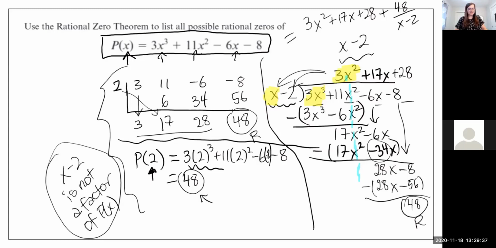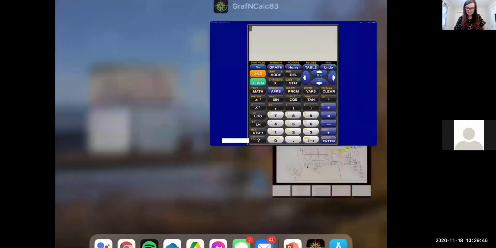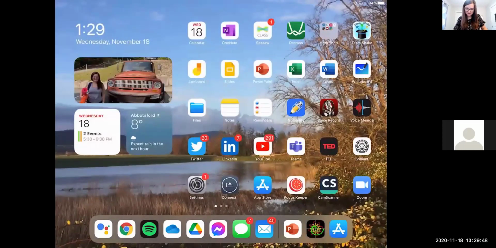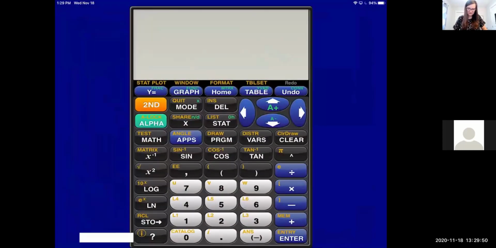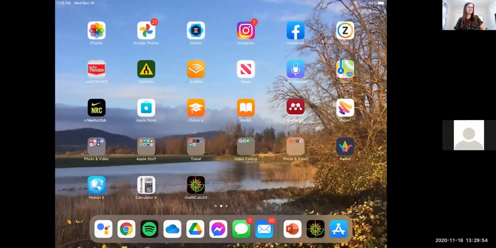One way to do that is to take a graphing calculator. I have this fake graphing calculator on, this is actually an app. It was free, I just found it today. It's called Graph N Calc 83, right at the bottom there.